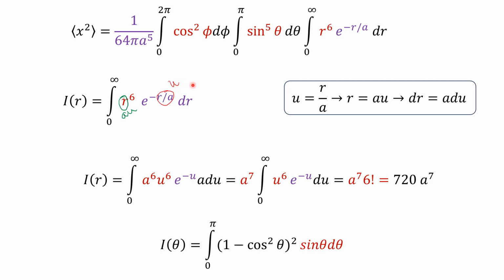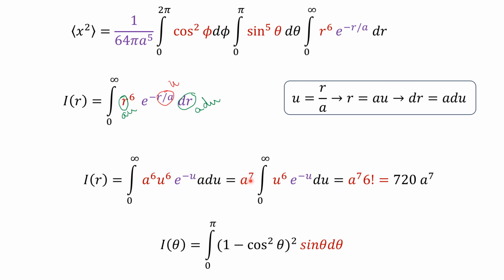This dr is equal to a du. Now after substitution, this is a power 6, u power 6, first term. Then the exponential e power minus u, and there is a du. Now you have a power 6 here and a here. So a power 6 into a will become a power 7.